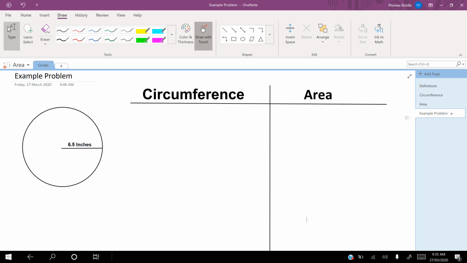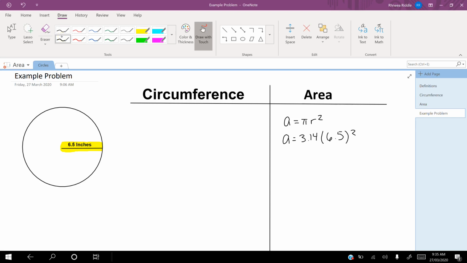So I personally, when I'm given the radius and told to find the area and the circumference, like to start with the area first. You can start with either, but I like to because it gave us the radius, so I'm just going to go ahead and use that. So we're going to get A equals pi r squared, again, as our formula, where we're going to use 3.14 as pi, and 6.5 as our radius, and we're going to square that.